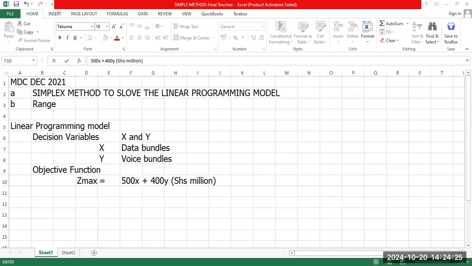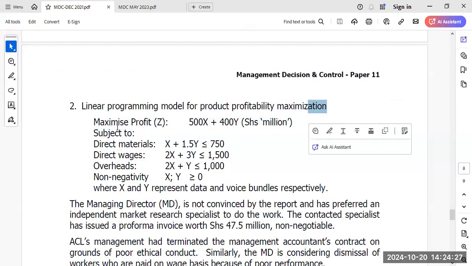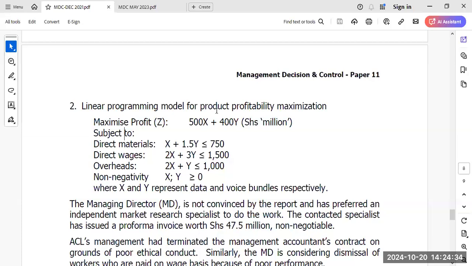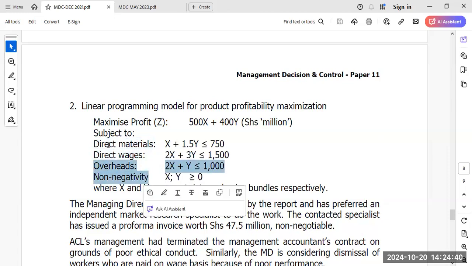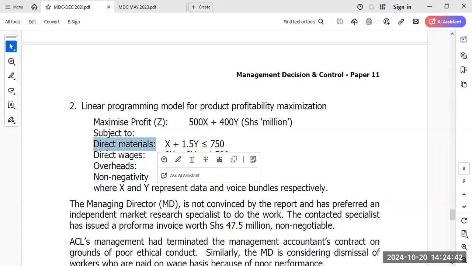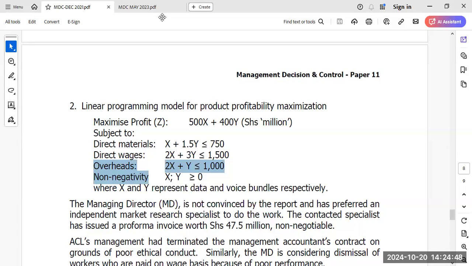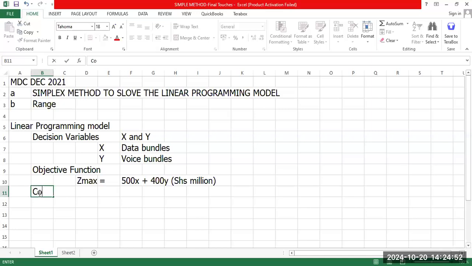This is our objective function. But your objective function is subjected to the constraints. You have how many constraints? 1, 2, 3. You have direct materials, direct wages, and overheads. Those are constraints.